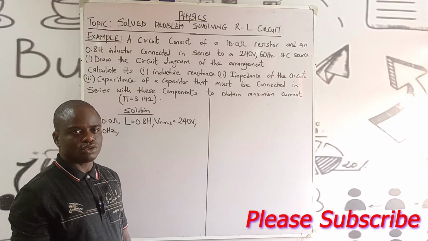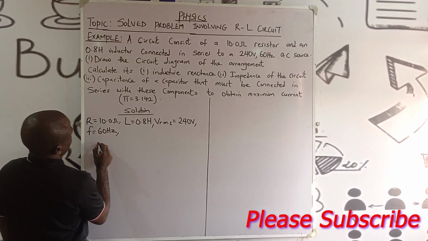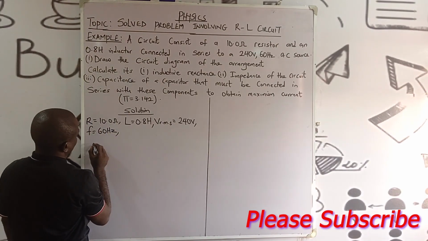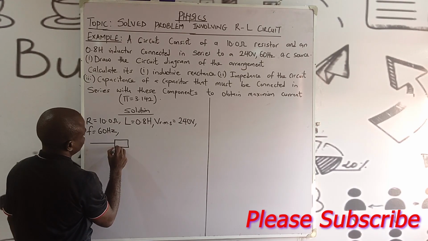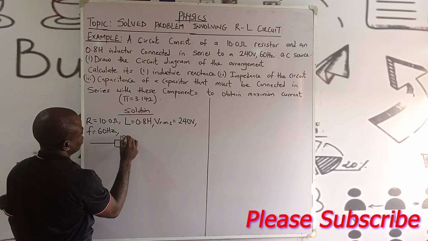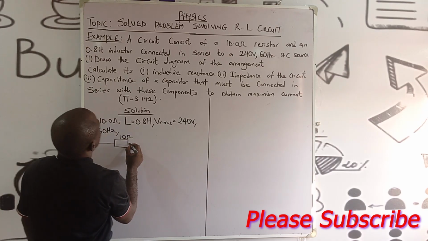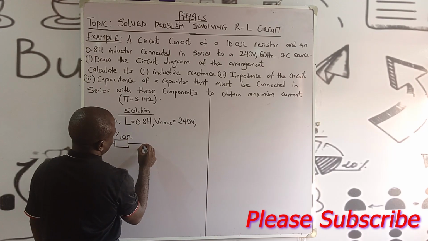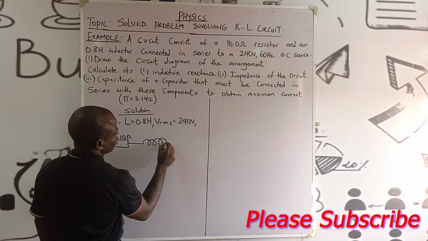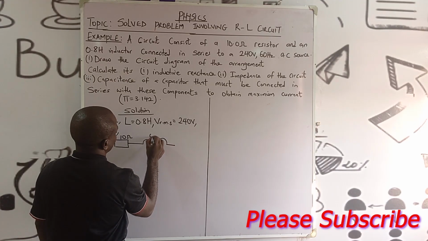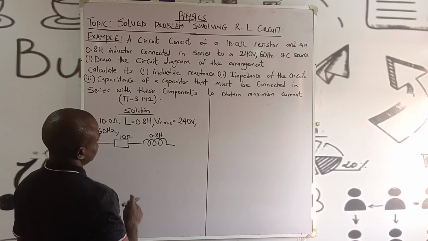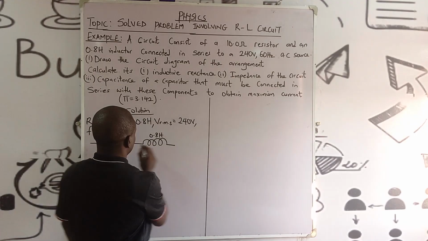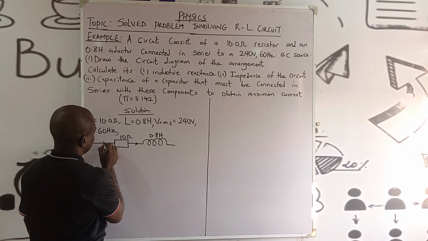The first thing to do is to draw the circuit diagram. Now, the circuit consists of, start like this, the resistor of 10 ohms and an inductor. This is the symbol of an inductor, 0.8 Henry, connected in series. It means that it's not branching, the current is not dividing as it's flowing.